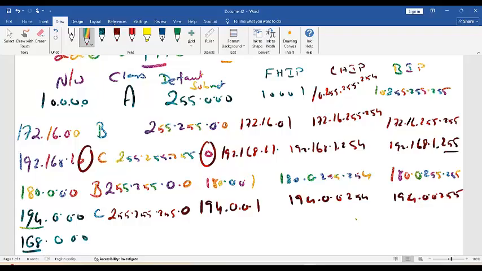Class A ranges. Refer to your notebook. What is the range of class A? From 10.0.0.0. No. Look into it. Do you have a note? This is class B. What is the mask?